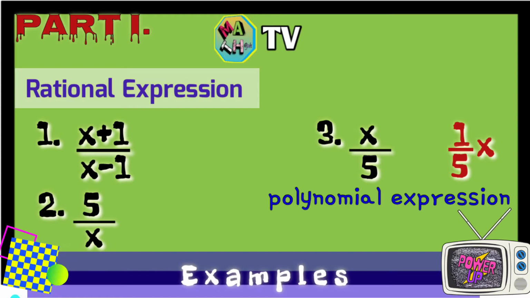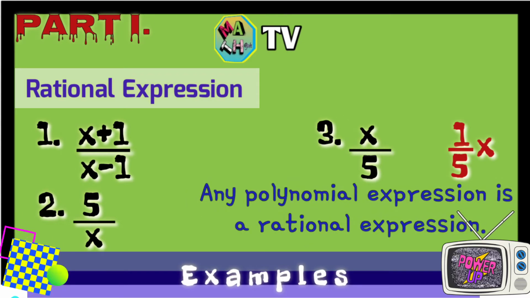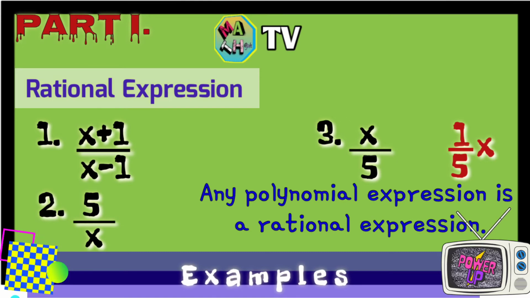So this example is a polynomial and at the same time a rational expression. Take note that any polynomial expression is a rational expression. So, x over 5 again is a rational expression which is also a polynomial.